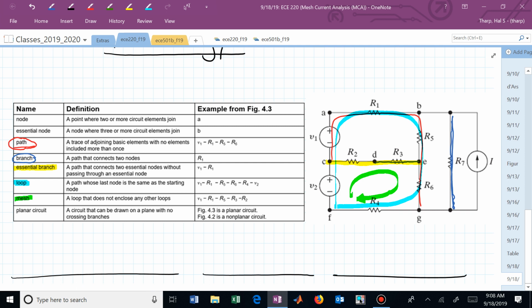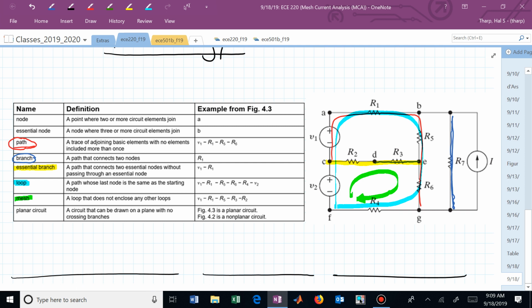Yes? So for example, what is the example in the table that starts with V1 and ends with V2? The question was, why is my example different from what's in the table? If you look over to the third column, it's starting at V1, but then it's really my same loop.